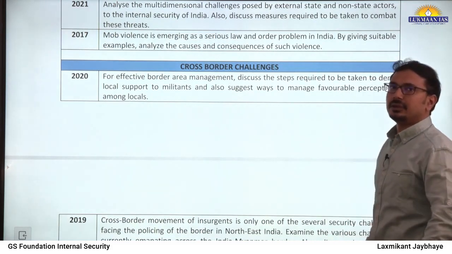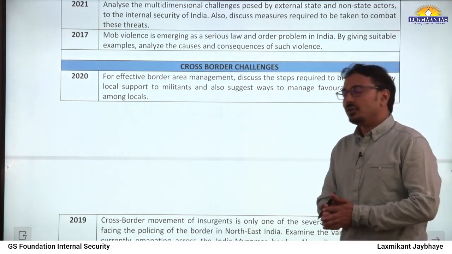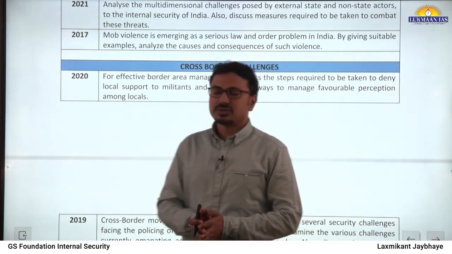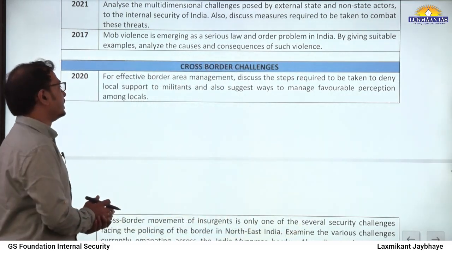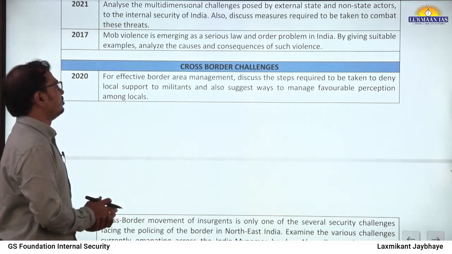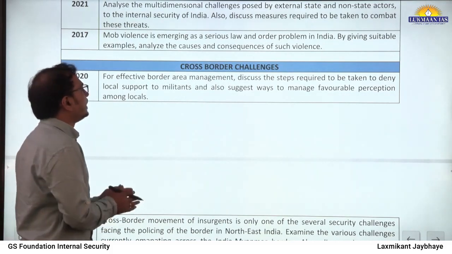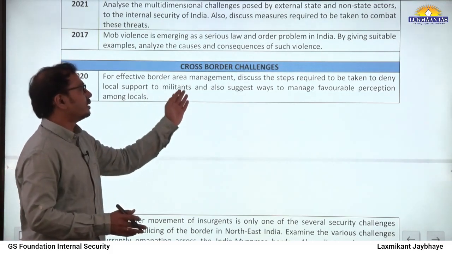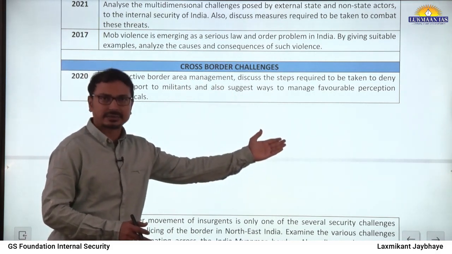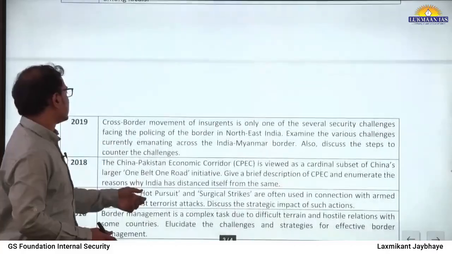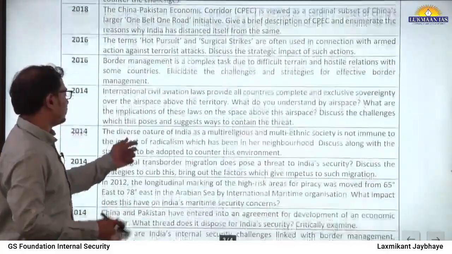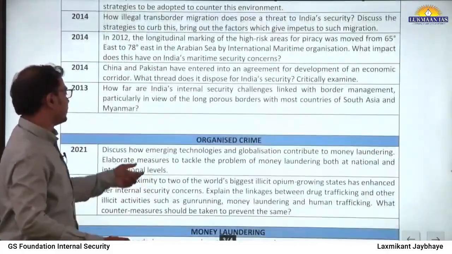We know that in Jammu and Kashmir to some extent there is support from local people to these terrorist organizations or militants, and how to deny that local support is what the steps are asked. So this is the new trend of asking questions from a terrorism perspective.